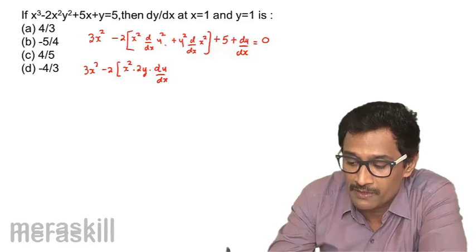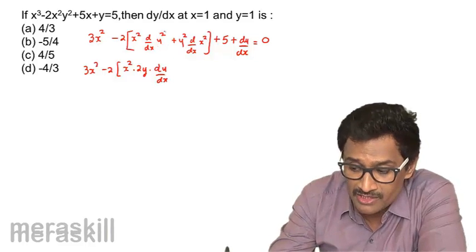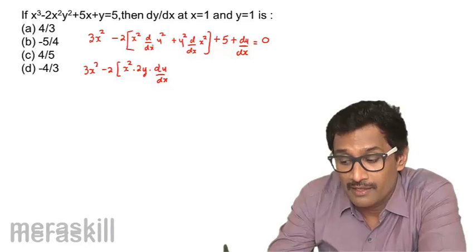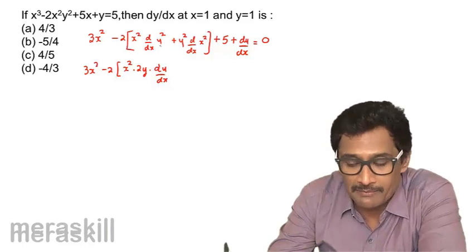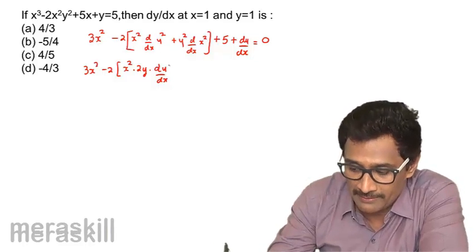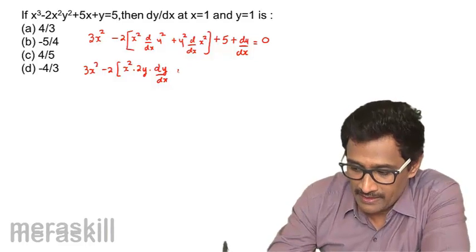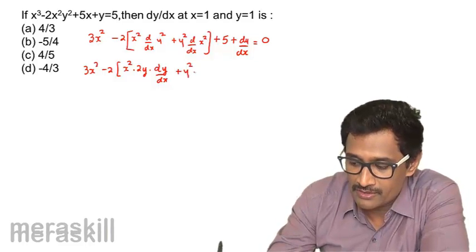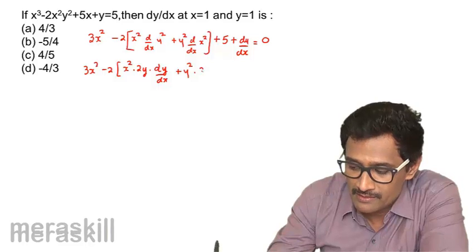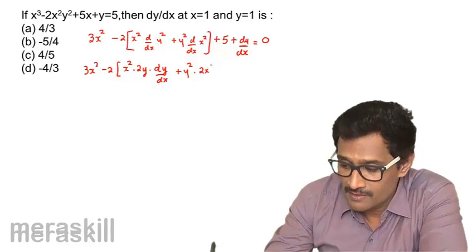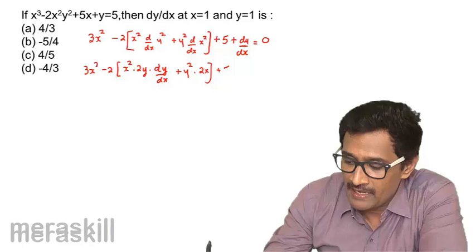So what are we doing? We first find the derivative of y square, then find the derivative of y, because it's a chain rule, so we use dy by dx. Then here you have y square into d by dx of x square, which is 2x, plus 5 plus dy by dx is equal to 0.